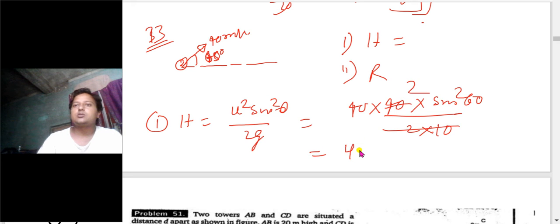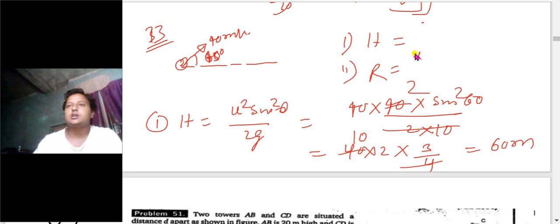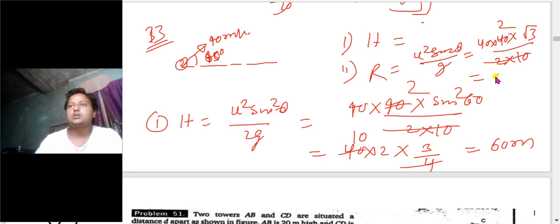So that equals 40 multiply 2 multiply 3 over 4. So that equals 60 meter. Now the range formula is u square sin 2 theta over g, that equals 40 multiply root 3 by 2 into 10. So it is 80 root 3.